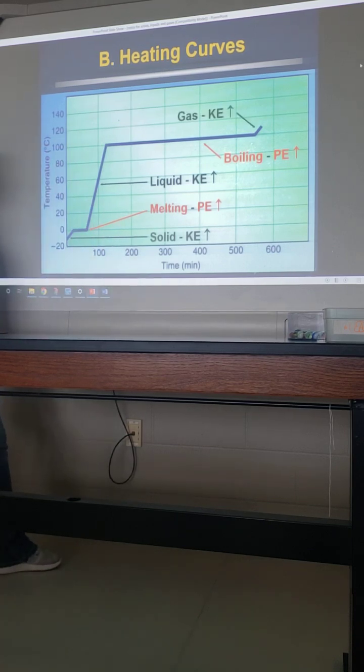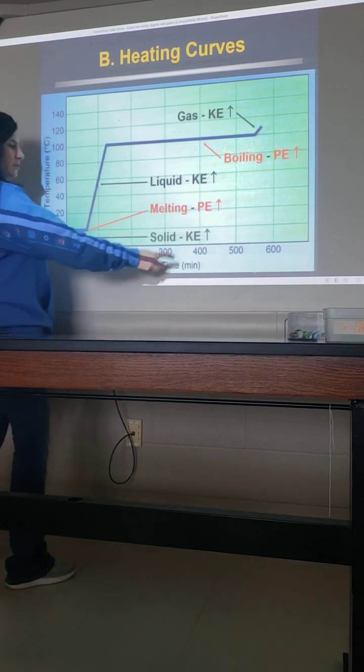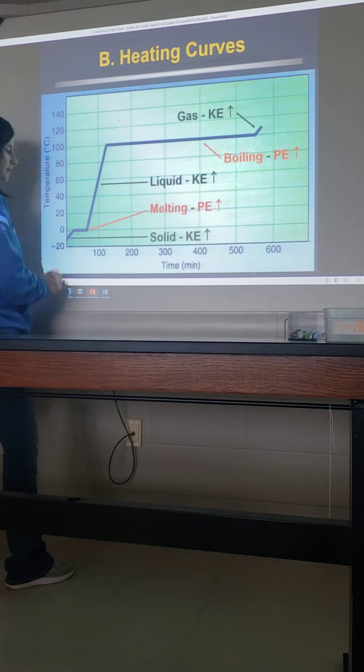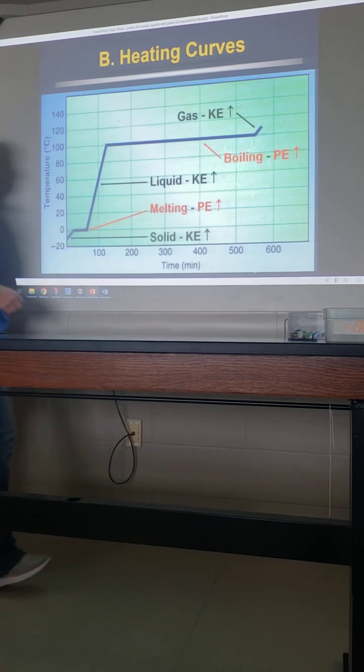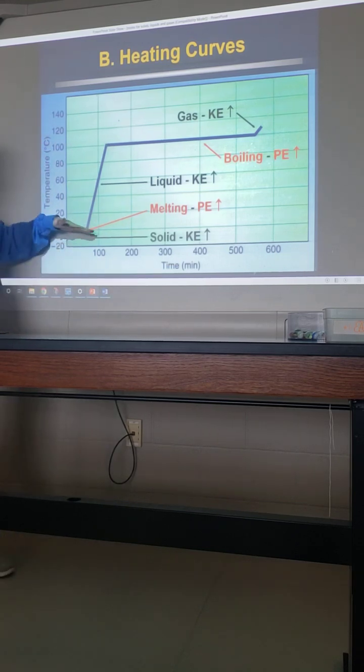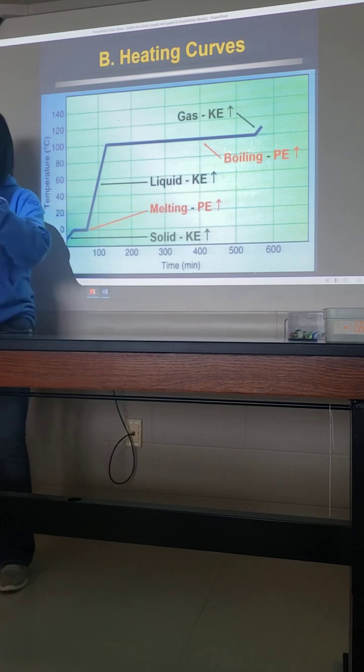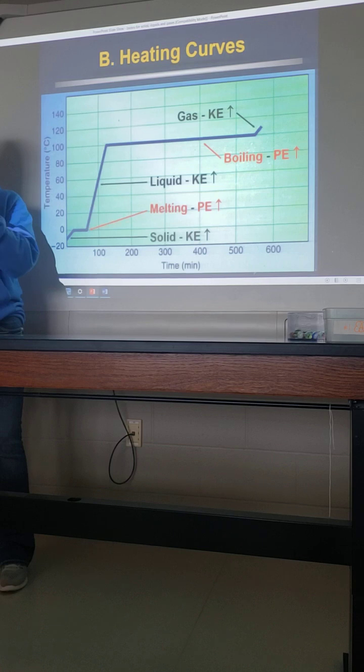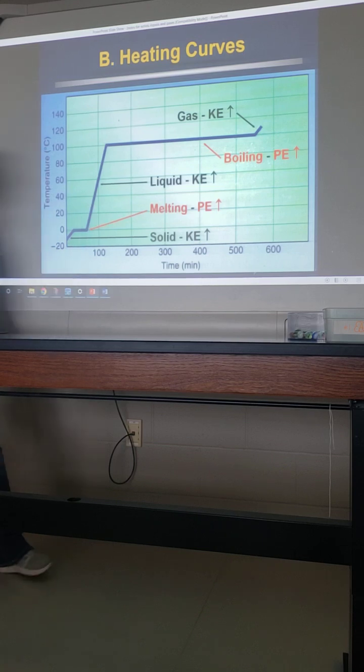And then finally, it starts to go up again in temperature, which means our kinetic goes up. So really, if you just get the connection that kinetic is going to do what temperature does, if it goes up or if it's constant, kinetic is going to follow that. And then where it plateaus, think of the 3 Ps: plateau, phase change happening, and potential energy is changing. Okay.